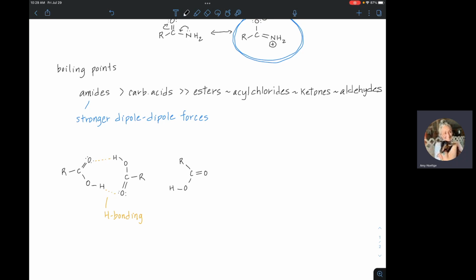It's literally just a partial positive charge on the carbon and a partial negative charge on the oxygen. I'll put those charges in so you can see what I'm talking about. The partial positive here, there's a partial negative here, partial positive here, partial negative there, right? We have a dipole moment there, and so there's going to be an attractive force here. So this is a dipole-dipole interaction.